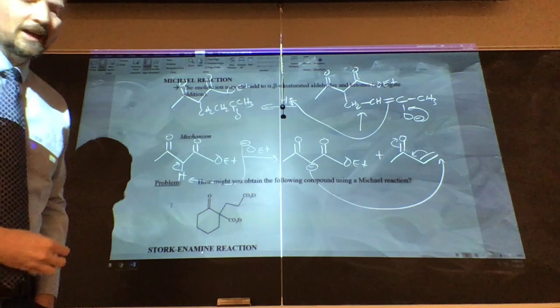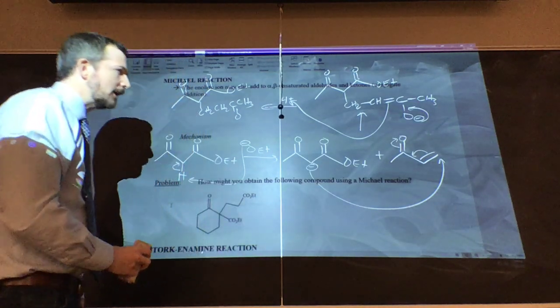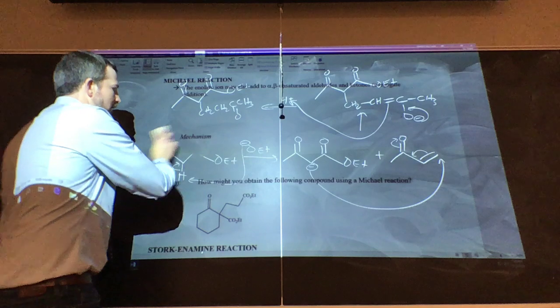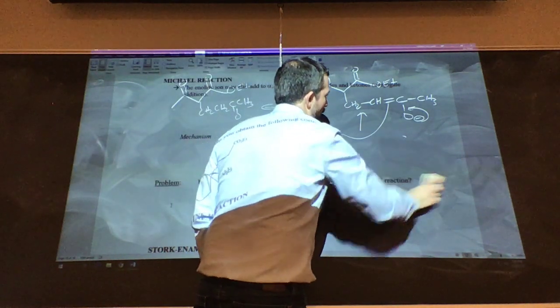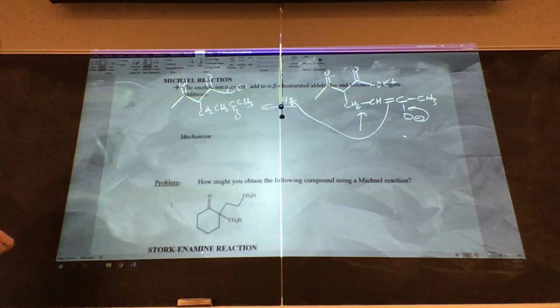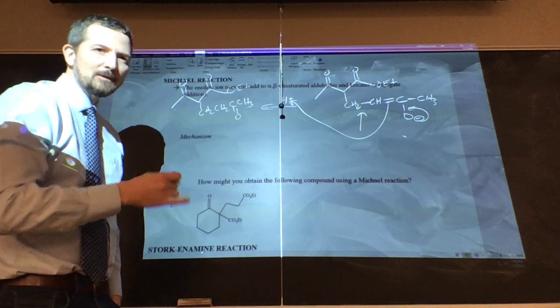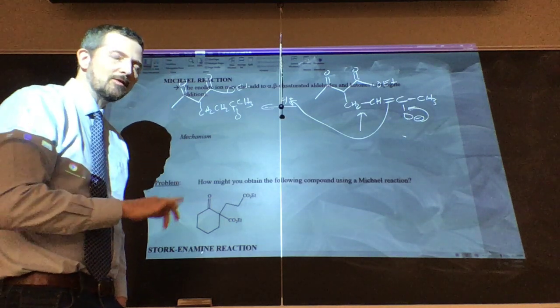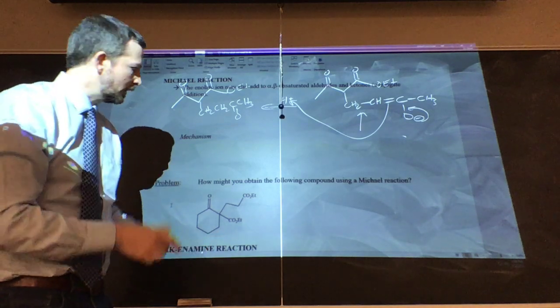So let's go ahead and look at an example. It says, how would you obtain the following compound using a Michael reaction? The first thing I want to do is locate where I have two carbonyls, because I know I need a dicarbonyl where I only have one carbon in between them.